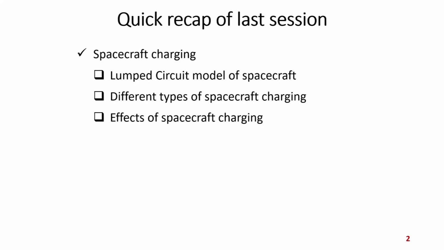Then we discussed the effects of spacecraft charging, namely how electronic systems can get affected or malfunction because of spacecraft charging and discharging. We also discussed how a charged spacecraft can create problems or give misleading results in scientific data on the space environment, when a satellite is used for measuring the radiation level or the electron count.